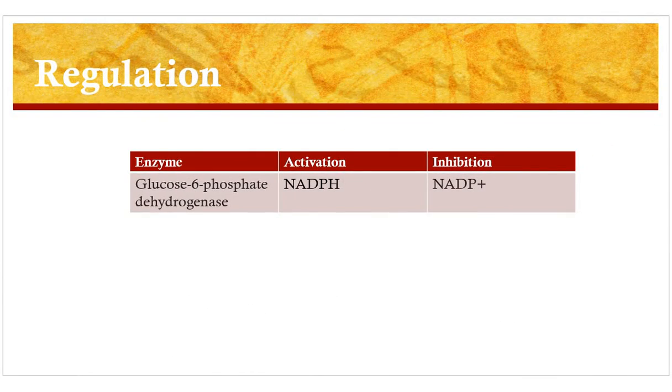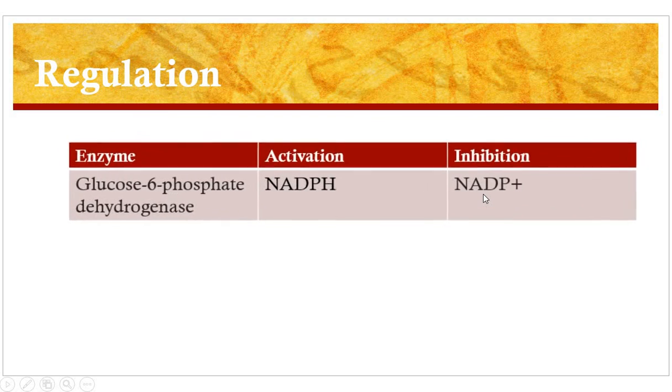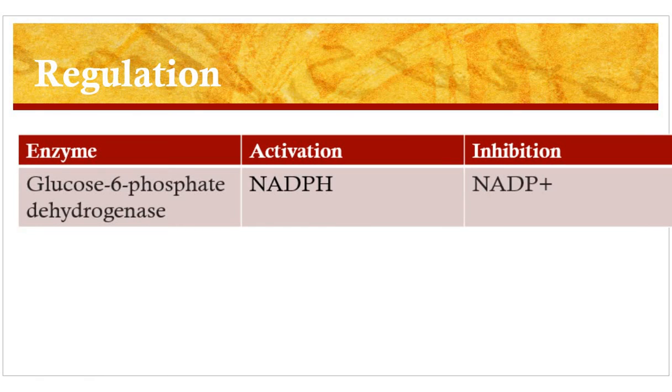Now coming to the regulation. We have already seen that glucose 6-phosphate dehydrogenase is the important regulatory enzyme for this pathway, which is activated by NADPH and inhibited by NADP+. Now, have you ever thought what happens if there is glucose 6-phosphate dehydrogenase deficiency in our body?